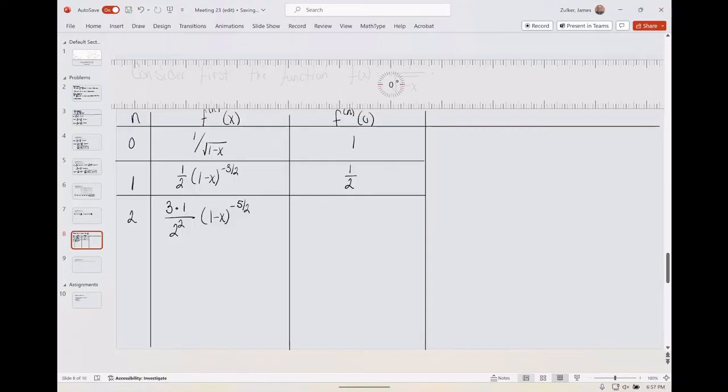I'll write it as 3 times 1 over 2 squared. The reason for that will become apparent very shortly. Now evaluate that when x is 0.